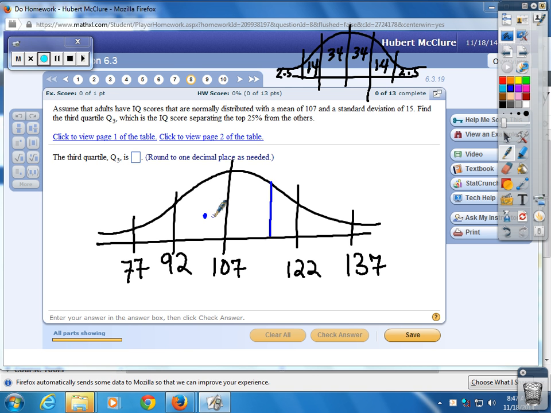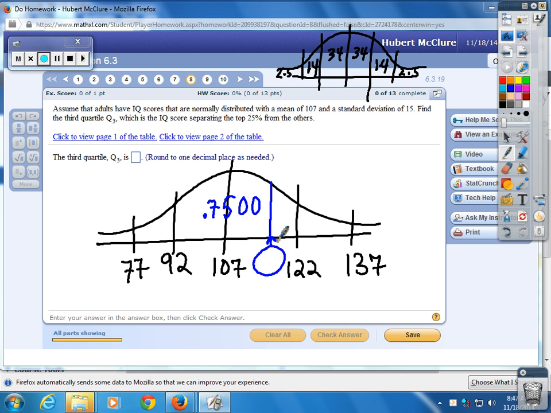0.7500. Now, they want to know the IQ score that represents that line. Okay? But we can't calculate the IQ score if we don't have a z-score.